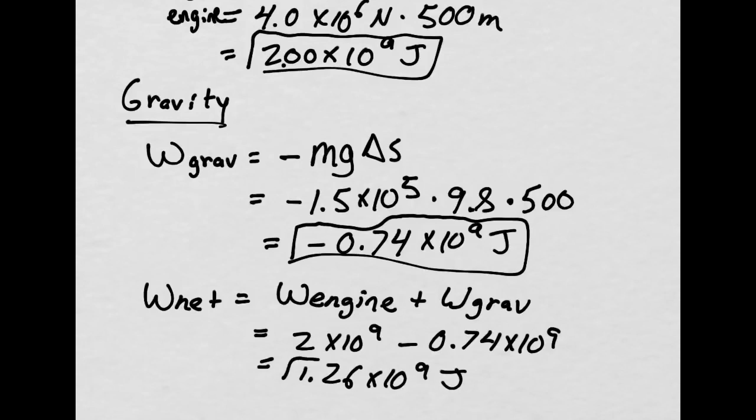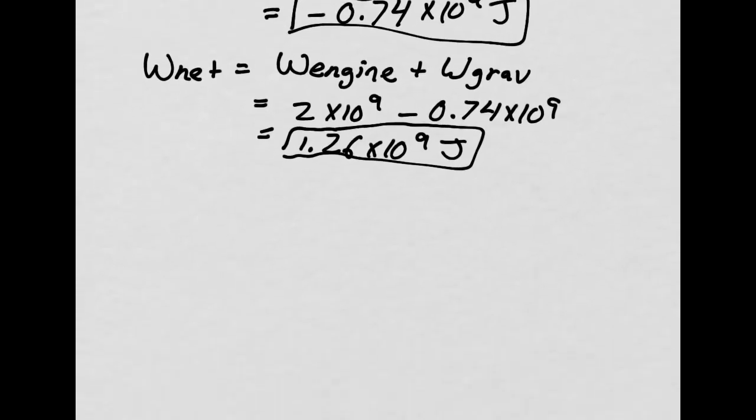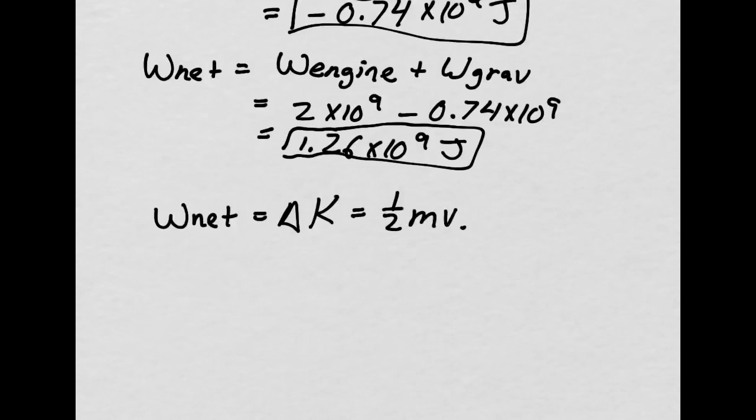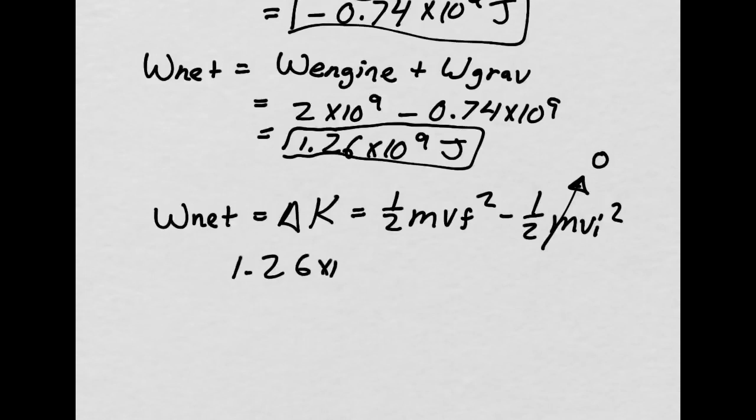So our net work is equal to the change in the kinetic energy. The change in the kinetic energy is 1/2 m v final squared minus 1/2 m v initial squared. This rocket starts from rest, so our initial velocity is 0. So our net work is 1.26 times 10 to the 9 joules.